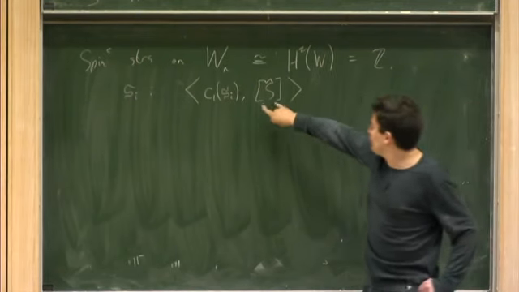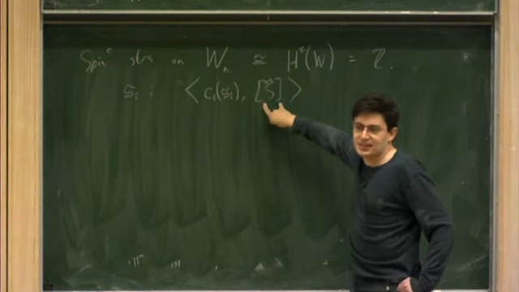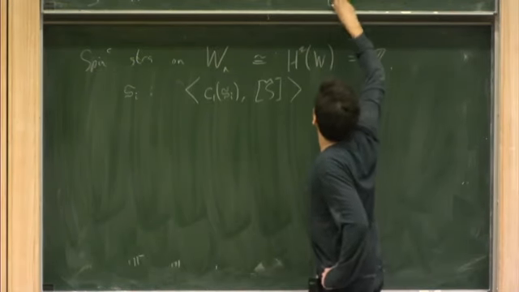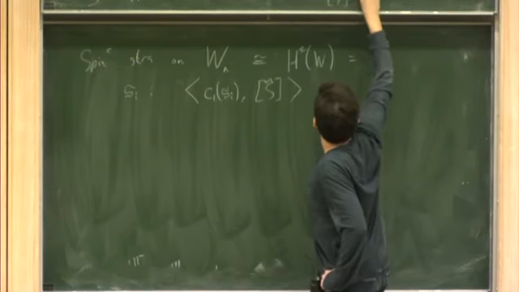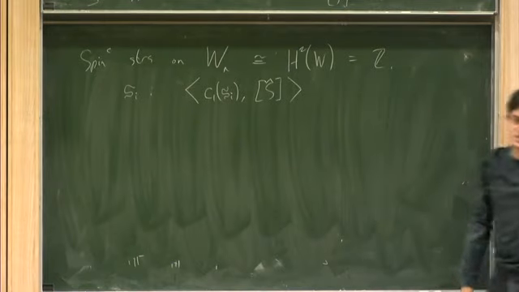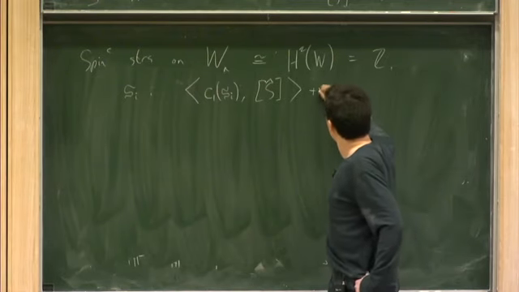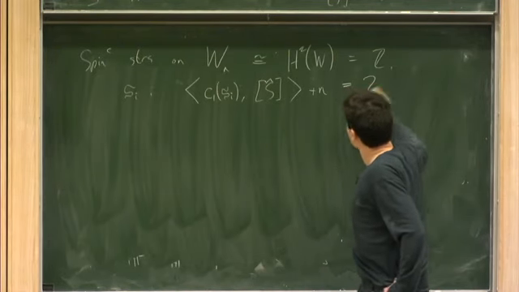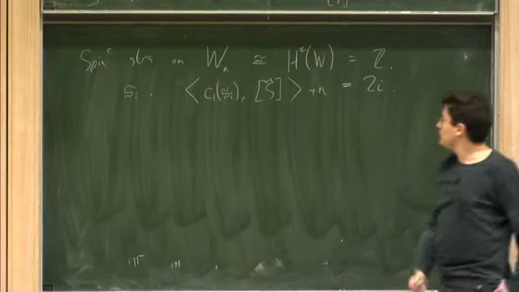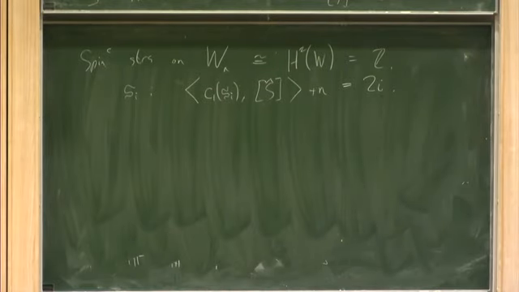If I'm going to evaluate it on the capped-off Seifert surface, notice that the capped-off Seifert surface has self-intersection n. That's going to be the usual way of characterizing these things.